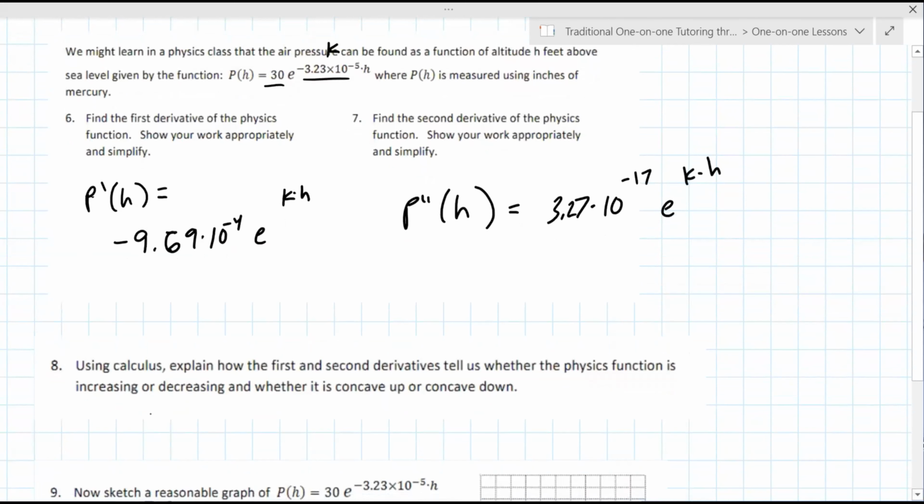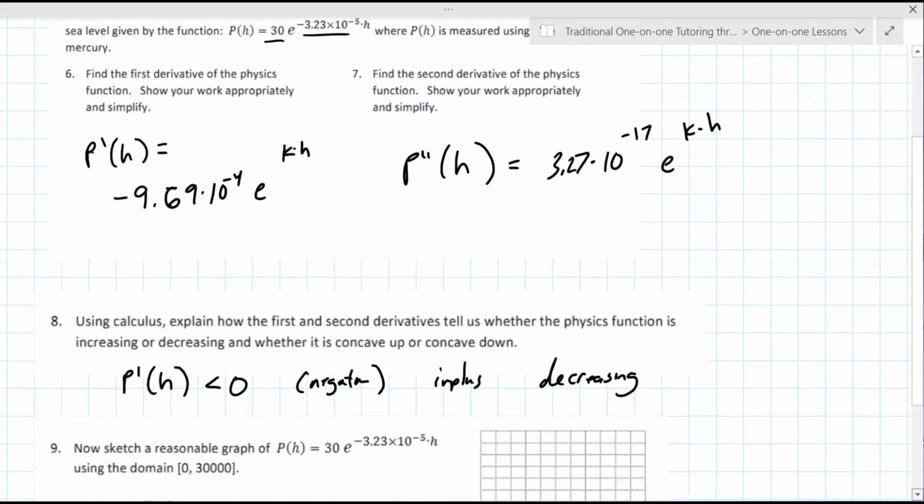So what the answer for 8 has to say is that p prime of h is less than 0. Less than 0 means negative, but that's another way of saying it. And that implies that it is decreasing. Oh, okay. That's why it's decreasing, because the first derivative is negative.